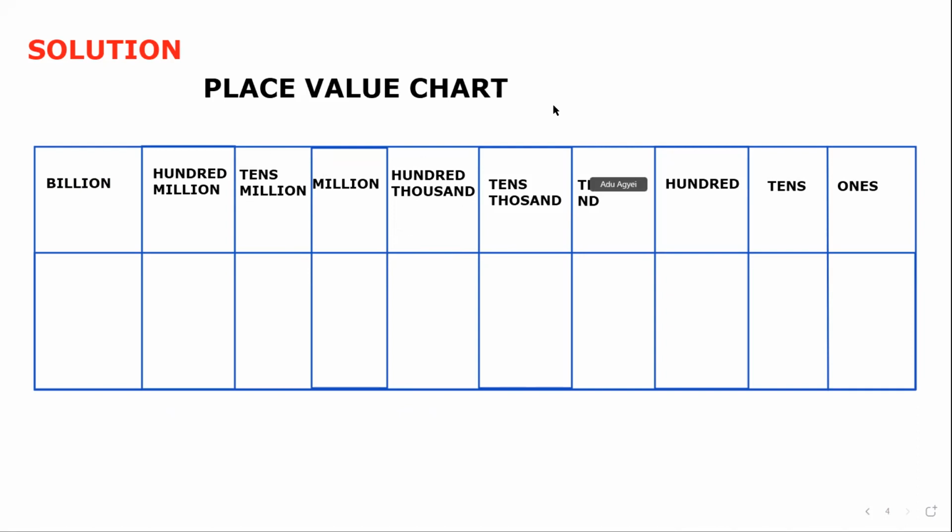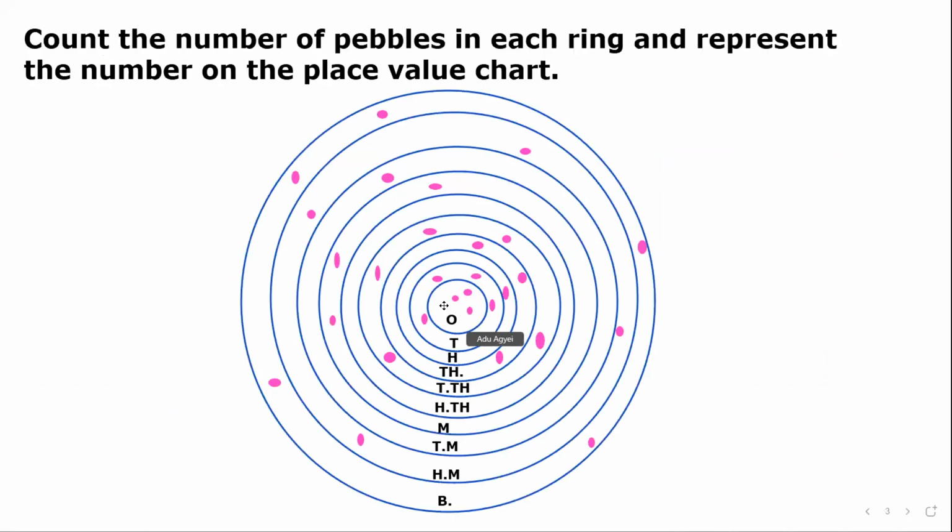Now, once you have done, then move back to the wheel. You count the number of pebbles or the dots in a particular arena. So when you come to the ones arena here, we have only 3 dots.